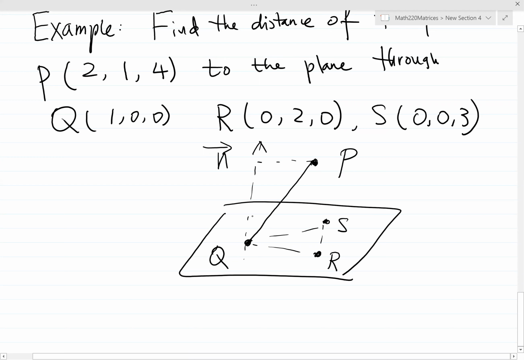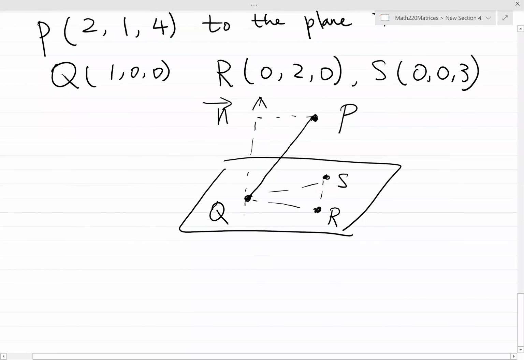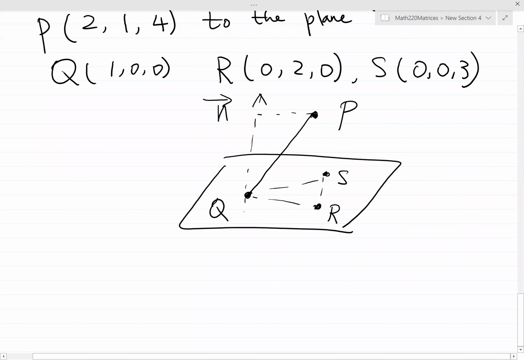So we use cross product, for instance QR and QS. Then we can determine the normal direction.